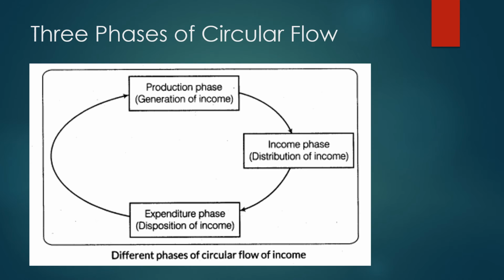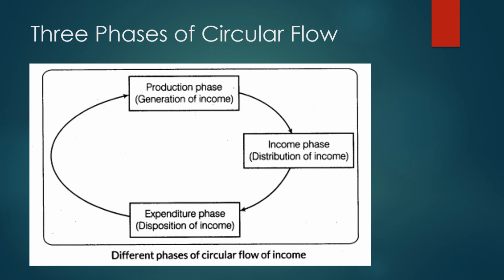There are three phases of the circular flow of income: the production phase, income phase, and the expenditure phase, which means the production phase gives rise to the income phase, the income phase gives rise to the expenditure phase, which in turn gives rise to the production phase.